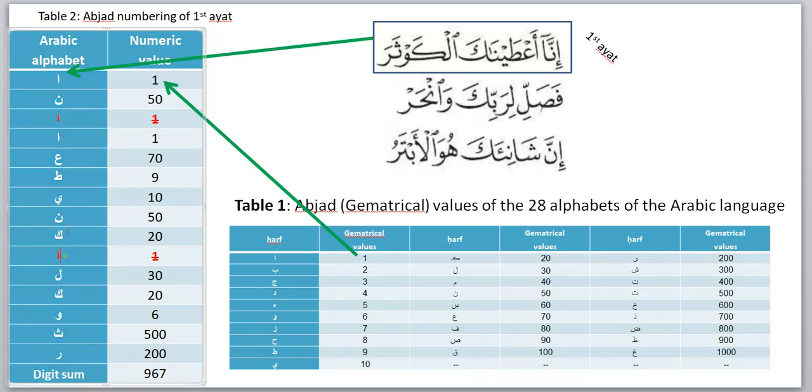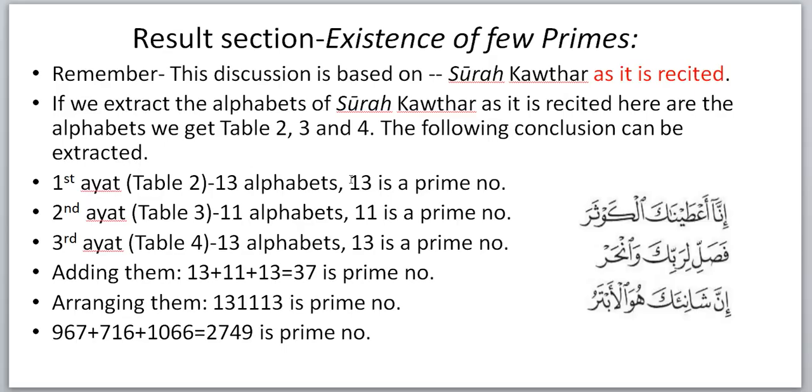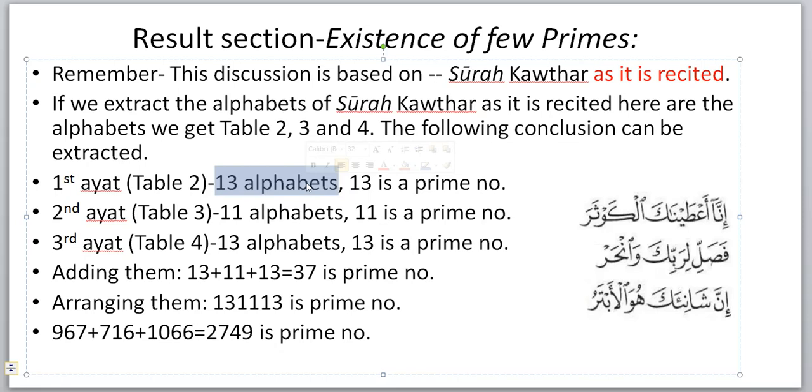Subtracting these two harfs, we get 13. Though 15 harfs are here, these two harfs will be subtracted and the value will be 13. So that's why it is 13 alphabets.